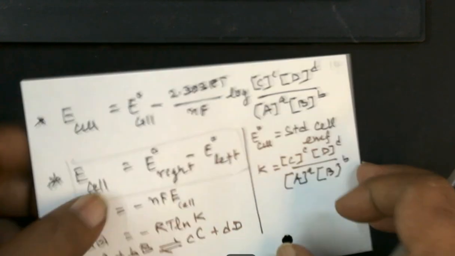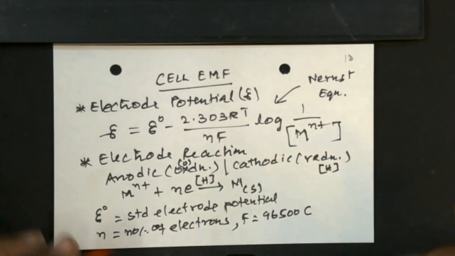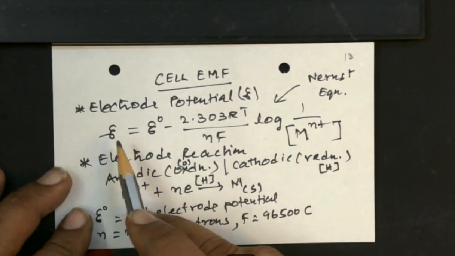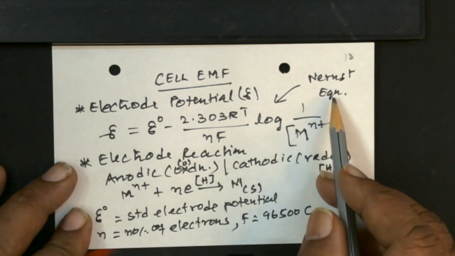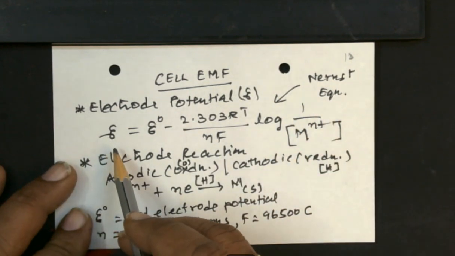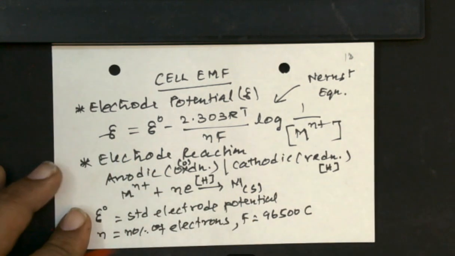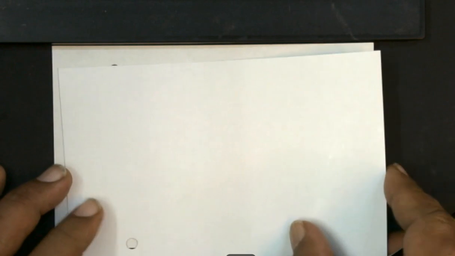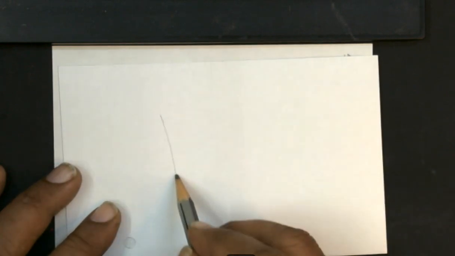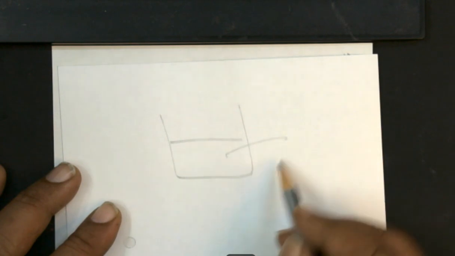Now let me go ahead. So the electrode potential here is represented by the Nernst equation. The electrode potential of an electrode, that is potential at an electrode. We used to talk about the origin of electrode. Let me consider I have got a bath here, and I have given the electrolyte here.